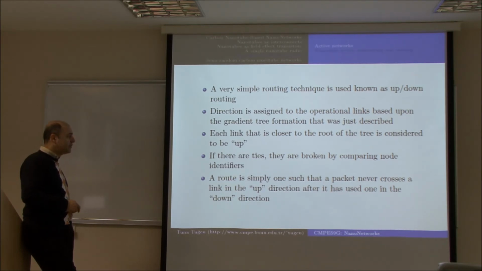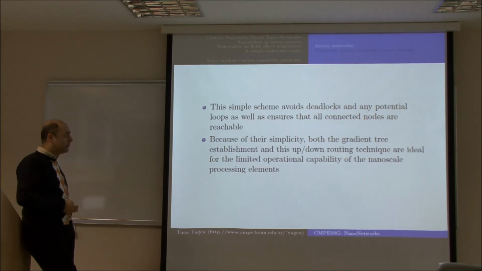And a route is simply one such that a packet never crosses a link in the up direction after it has used one in the down direction. So, in other words, don't change the direction. If you're going down, you should keep going down. You shouldn't ever turn up. This actually guarantees that you never have cycles, for example.